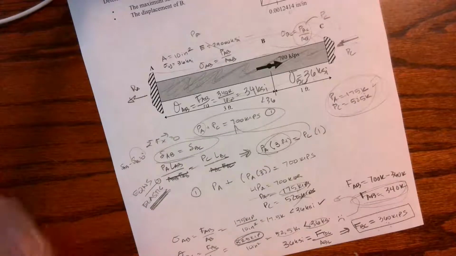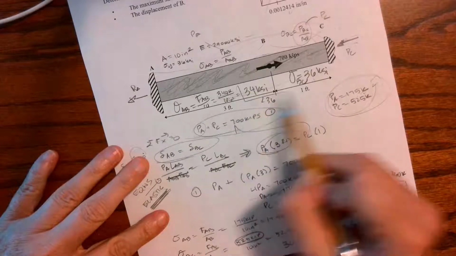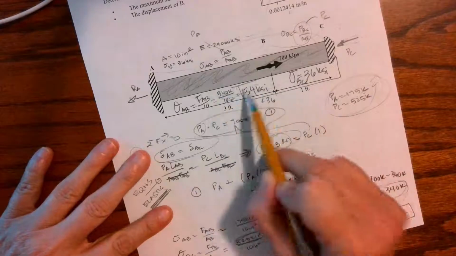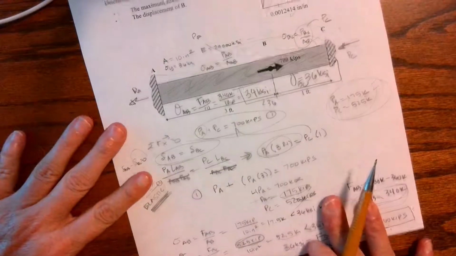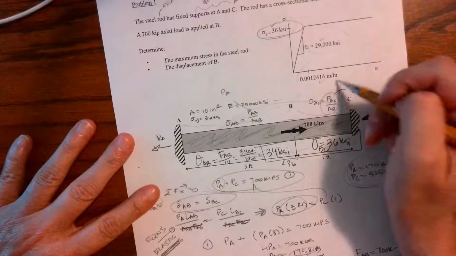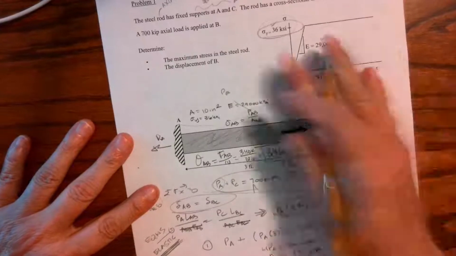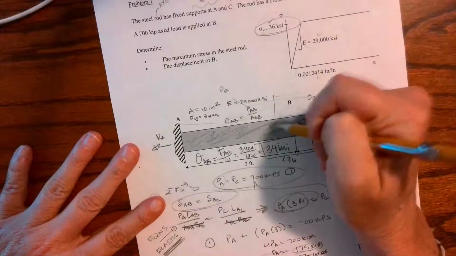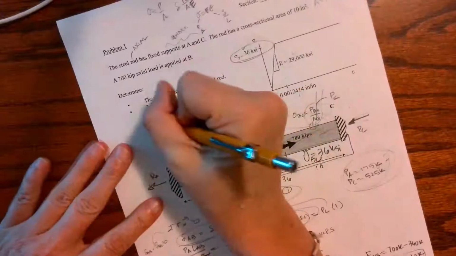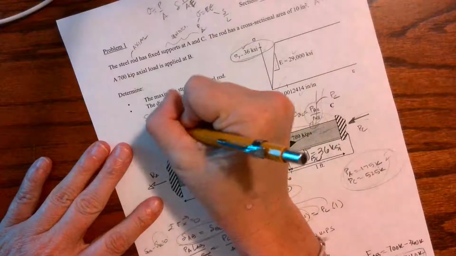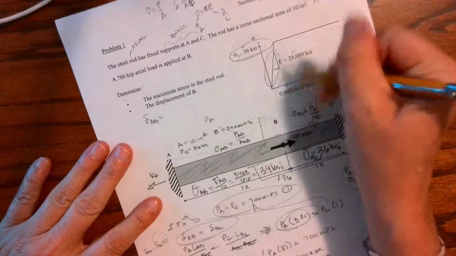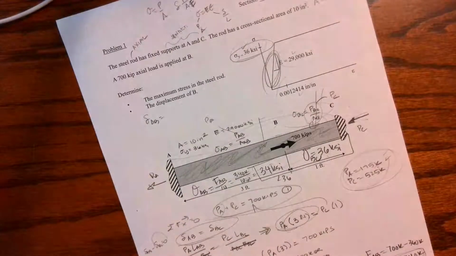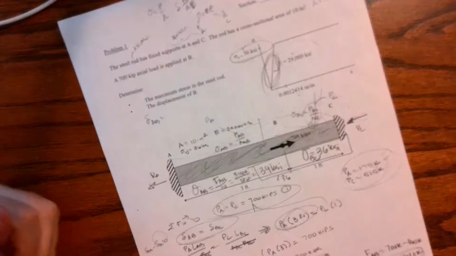So now that we found our stresses in our two segments, I want to find the displacement at B. Well, because this side has yielded and it's wanting to go beyond yielding, and we're using this side now as our control, we have to use the displacement from A to B, because it's still in this elastic region, to calculate what our deformation is.